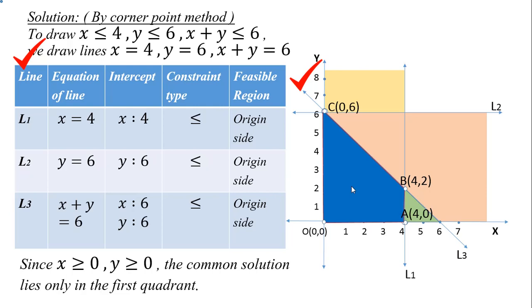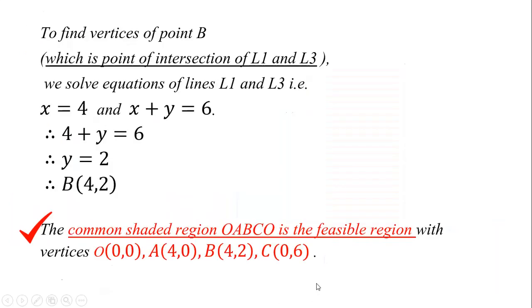In some cases it may happen that the feasible region is unbounded. Here in this case, the feasible region is bounded, that means closed. So here we have to write the coordinates of the feasible region O, A, B, C.